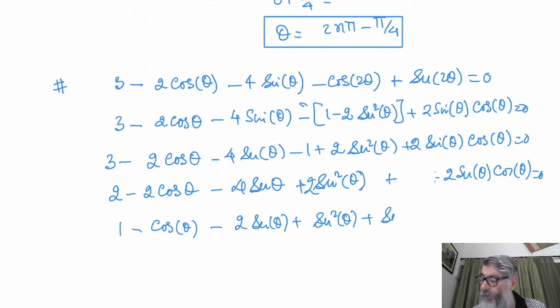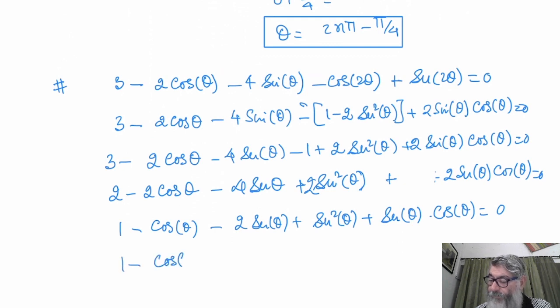1, 2, 3, 4, 5 terms are there. But 2 sine theta is there. I'll break it up as 2 sine theta is sine theta minus sine theta minus sine theta plus sine square theta plus sine theta cos theta is equal to 0.